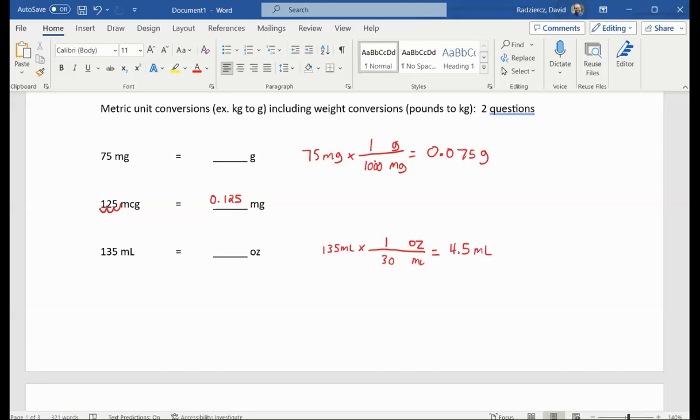If you had gotten 4.25 milliliters, then you would round that to the nearest tenth. So you'd round it to 4.3. So as an example, let's say it was another number. So let's just say it was 4.25 milliliters.